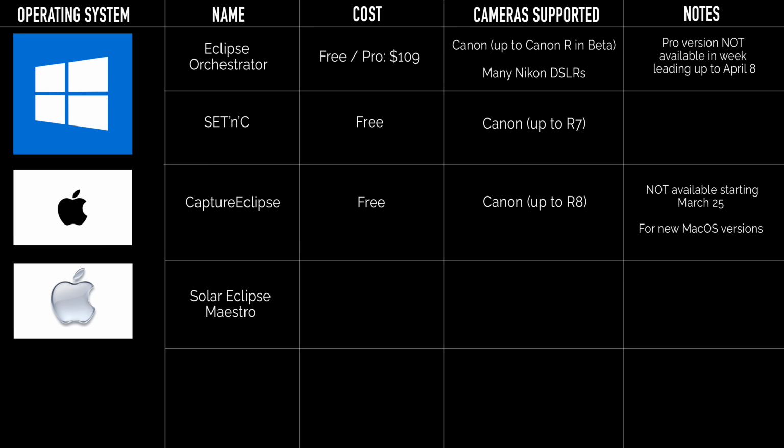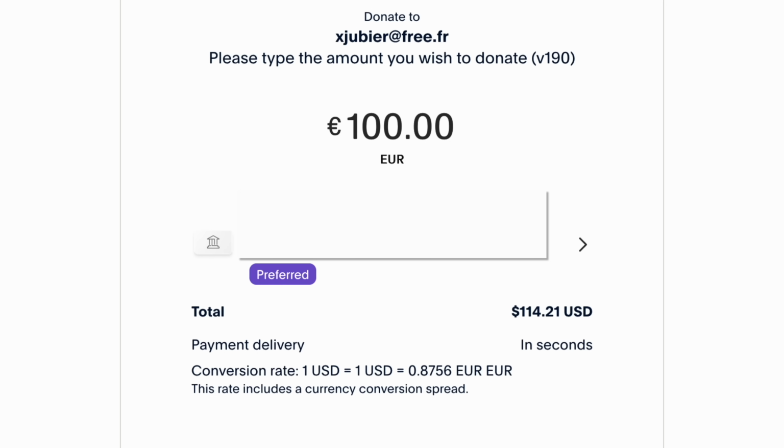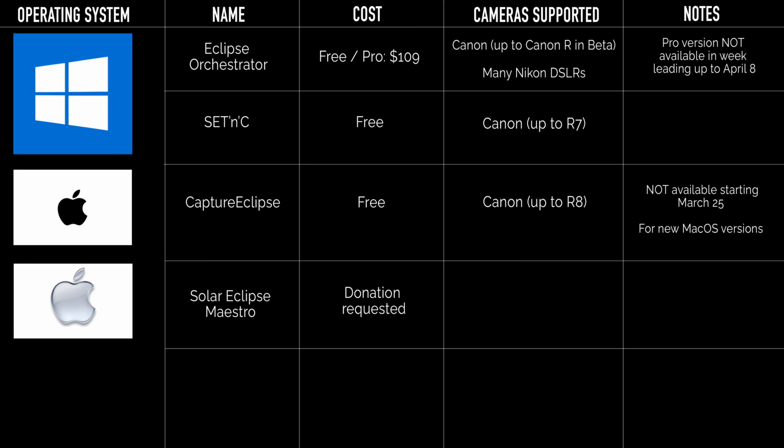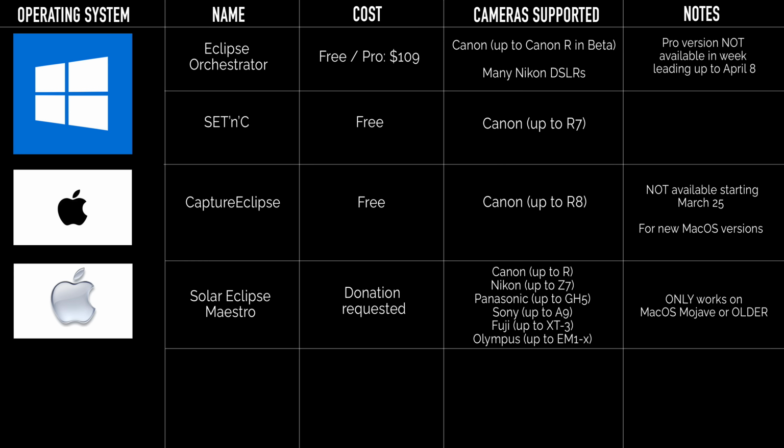For older versions of macOS up to Mojave, there is Solar Eclipse Maestro, which is free. But the creator of the software, Xavier, does suggest making a donation if you use his software. And so I did that. And a big note on this one, this software isn't compatible with newer versions of macOS, starting with macOS Catalina, which was released in 2019.